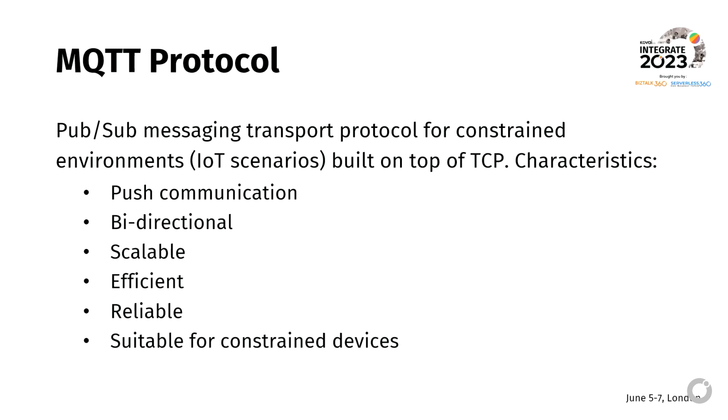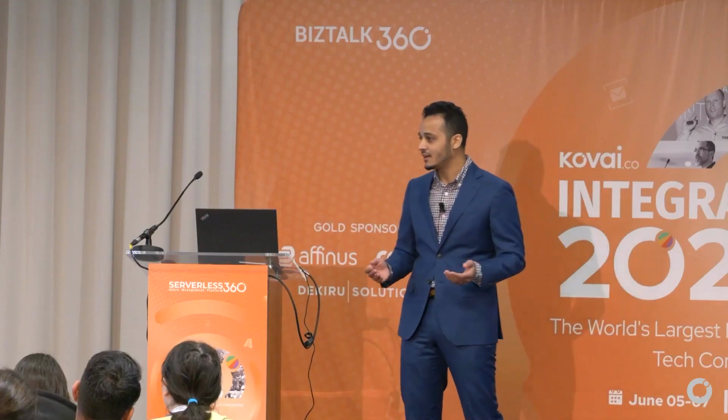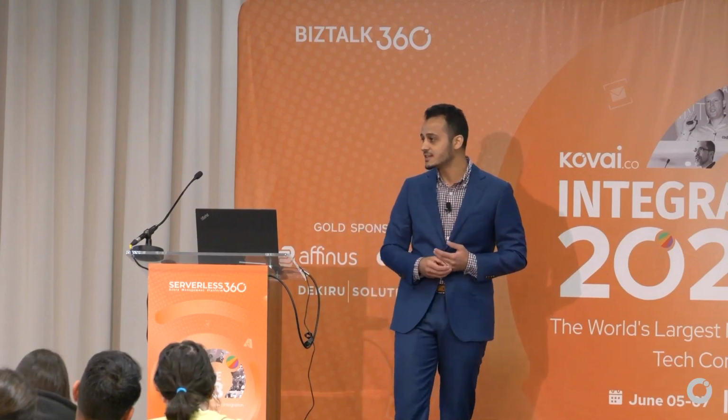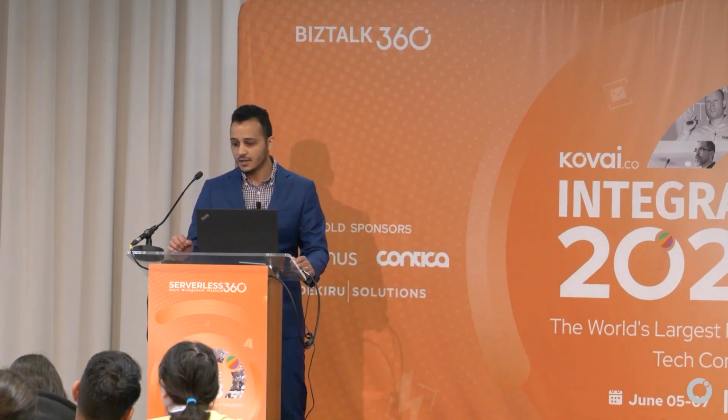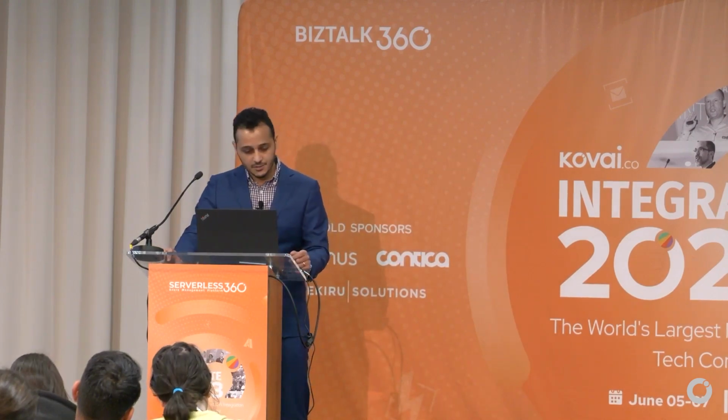So think of a connected car scenario. You have this car going in and out of connectivity zones all the time. And you don't want every time you initiate a connection, your messages get lost and then your configuration is lost. So MQTT here offers a lot of solutions to ensure this reliability with unreliable communication.